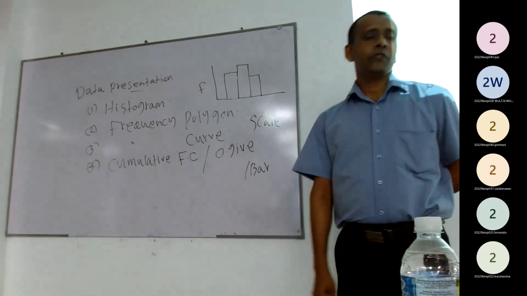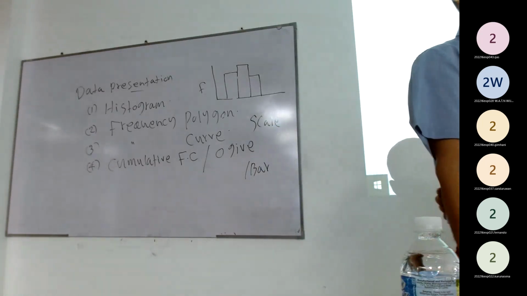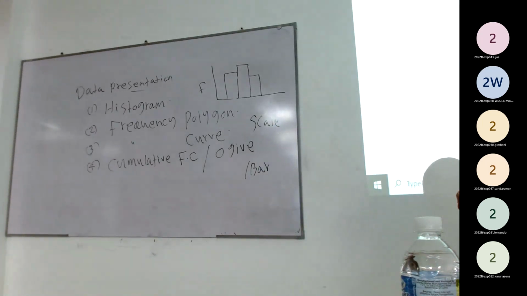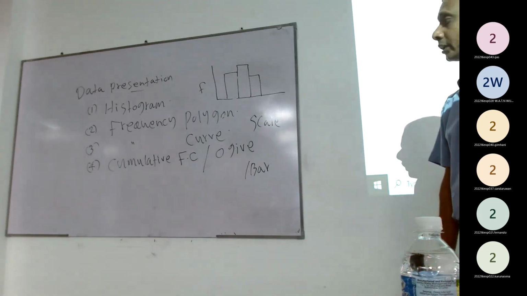If the mid values of all rectangles are linked by using linear lines, straight lines, that is called frequency polygon.